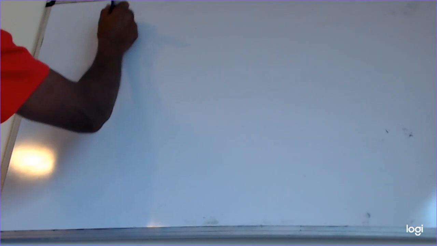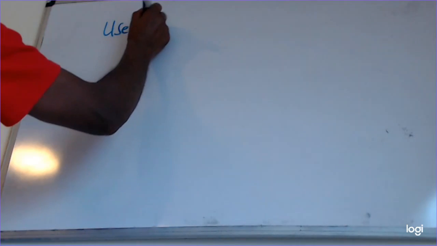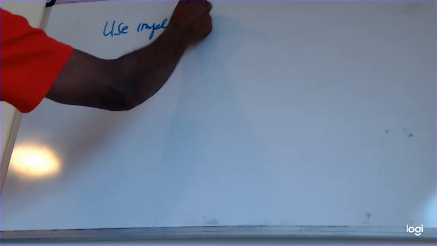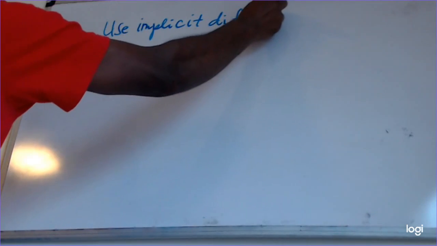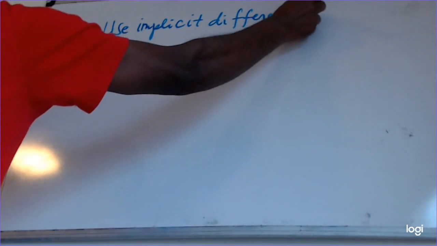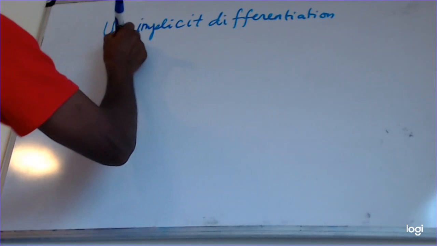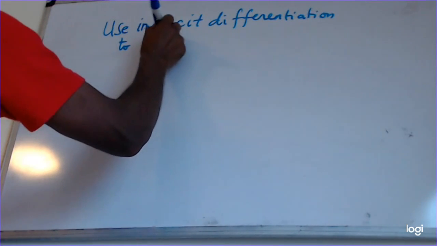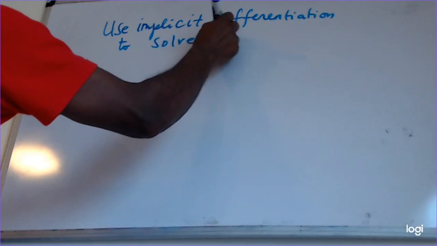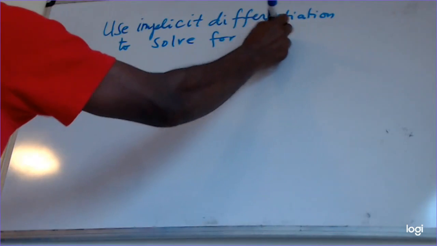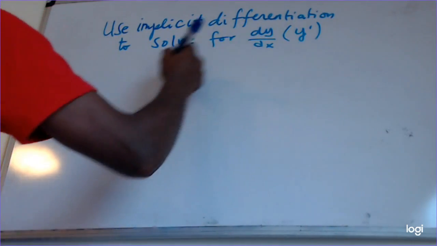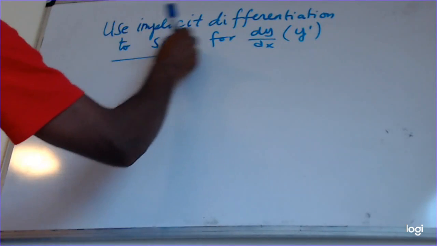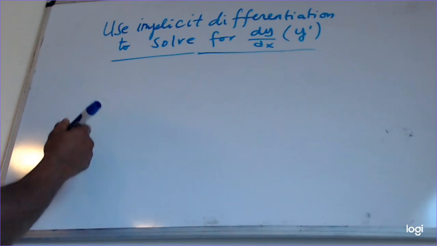The topic is to use implicit differentiation, which means derivative, to solve for dy/dx, or simply y prime. I'm going to use dy/dx, but they can be used interchangeably.